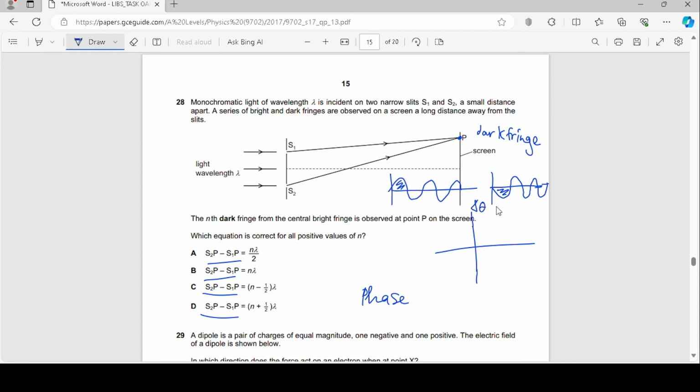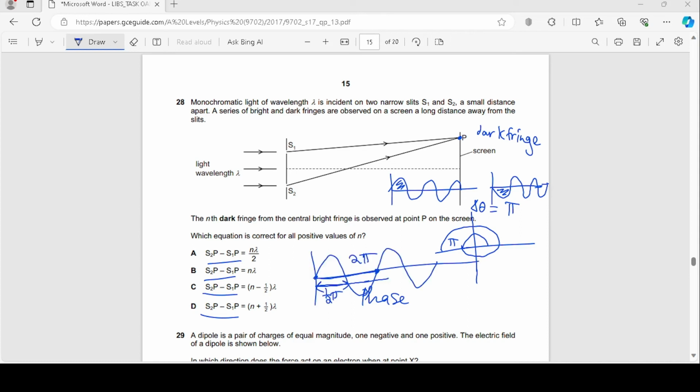If you look at your quadrants and start from here, this is 1 pi, then you get 2 pi, and then you have 3 pi. And this interference only occurs at the odd values of pi.